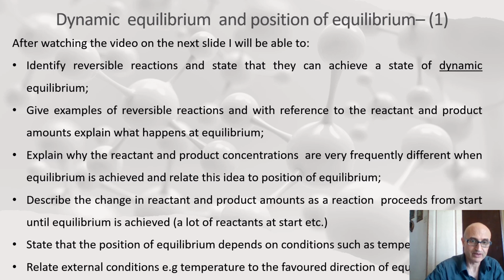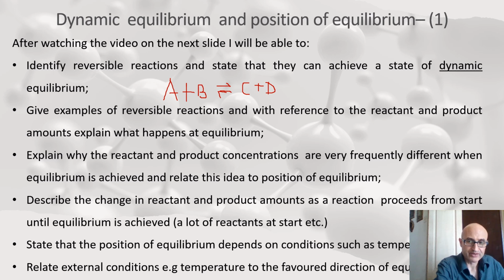So as we have already indicated, we can illustrate a reversible reaction by means of this overall general equation, and the double arrow, with the forward length of the arrow being the same as the backward length of the arrow, indicates that the reaction is in a state of dynamic equilibrium, and the rate of the forward reaction is equal to the rate of the reverse reaction, the backward reaction.